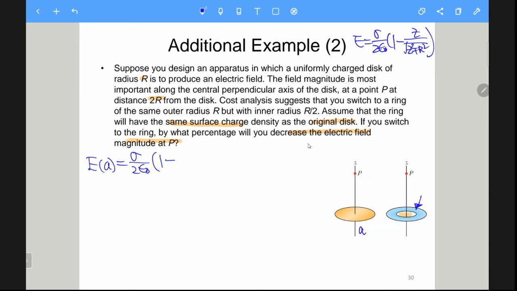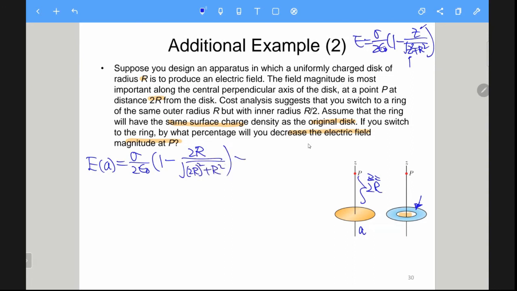Now this distance is 2R, which means Z equals 2R. So we just plug in Z equals 2R here. So here we should have 2R over the square root of (2R) squared plus R squared.